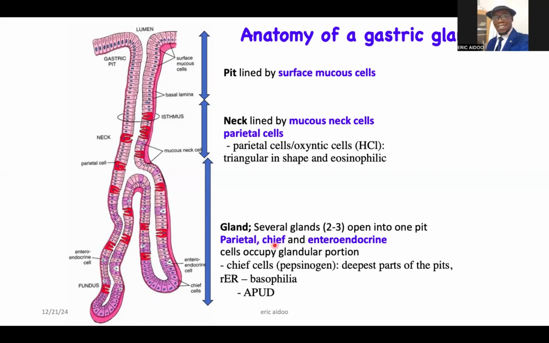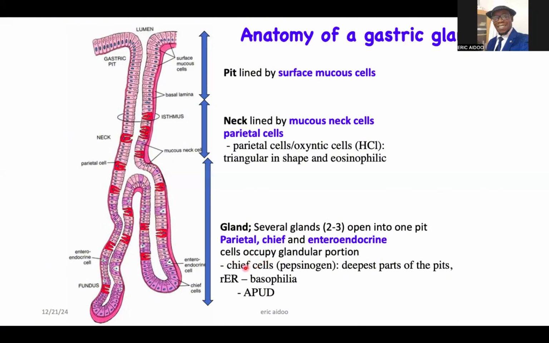So chief, that's why it is deeper. The chief cells, they are deeper. All right. And you also have enteroendocrine cells, which will form part of the APUD system.